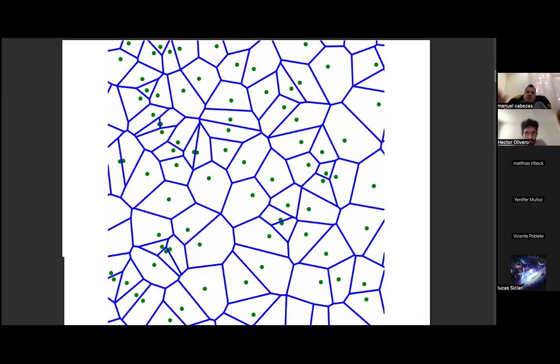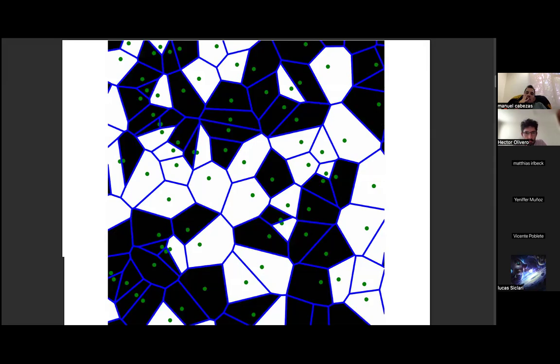So this was the first step: we get some random points in the plane. The second step was the Voronoi tessellation. Here you see this forms some cells, and each is all the area that is closer to its point than to all the other points. In the third step, we color the cells black independently of one another.